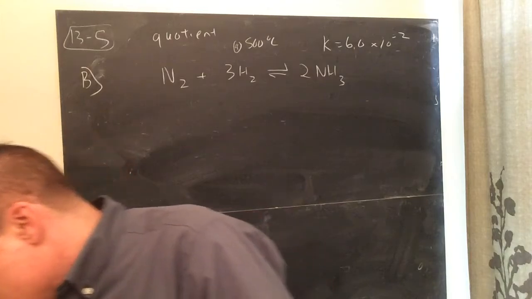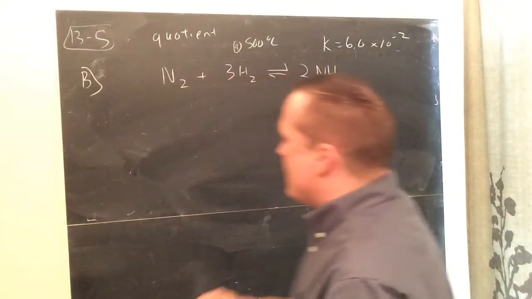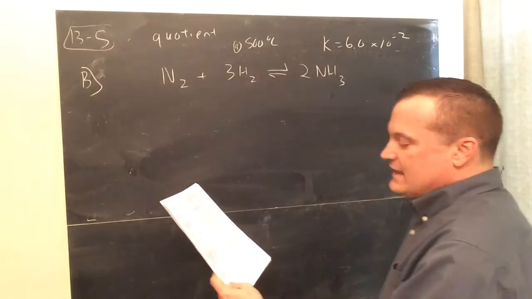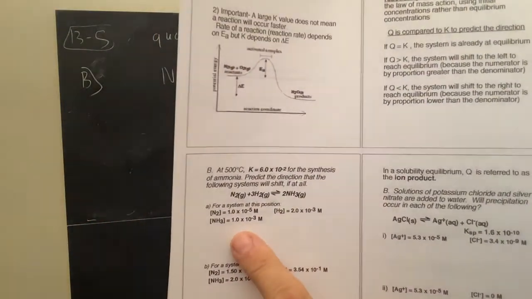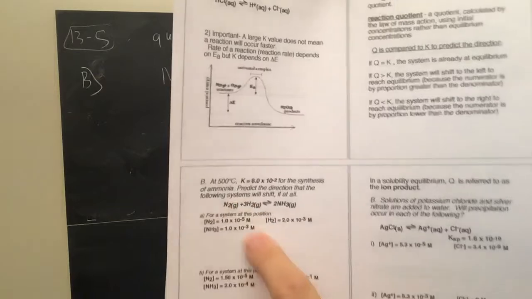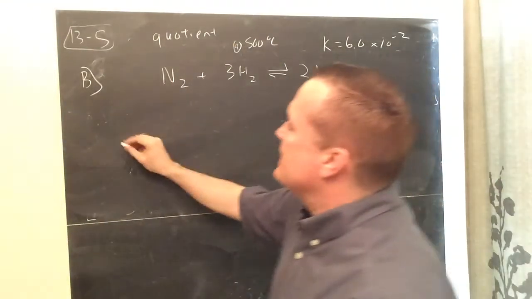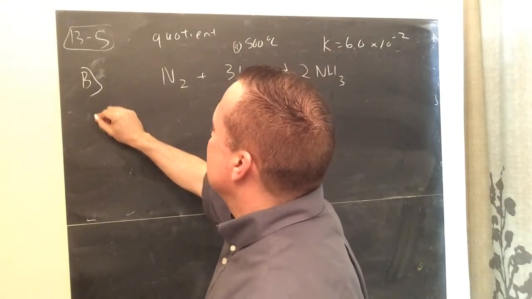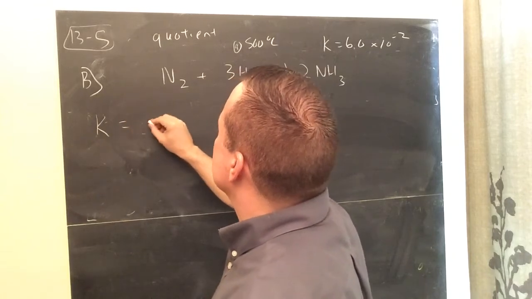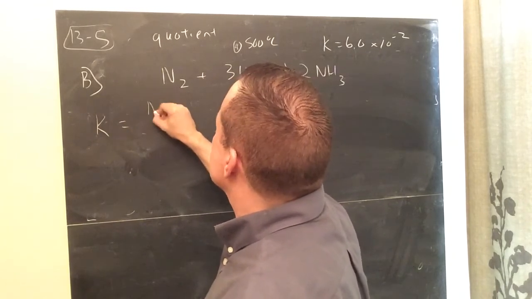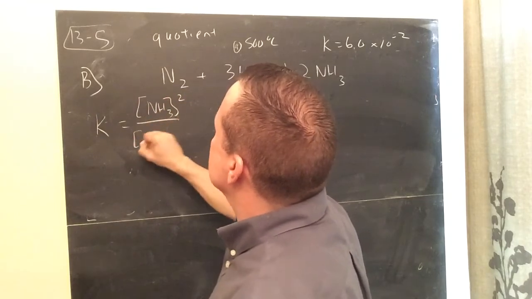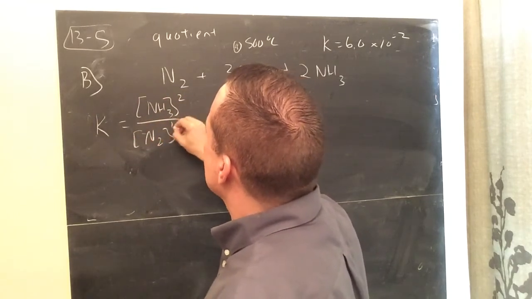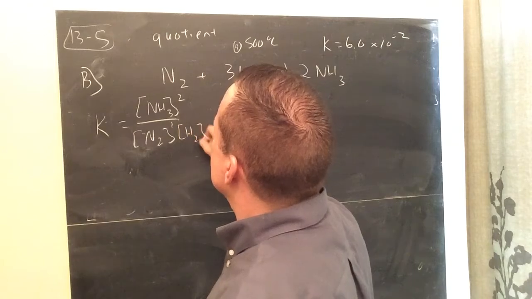Let's just say N2, NH3, and H2. I'm going to plug these numbers in and calculate what we would do in the K expression. So the K expression would be K equals NH3 squared over N2 to the first, H2 cubed.